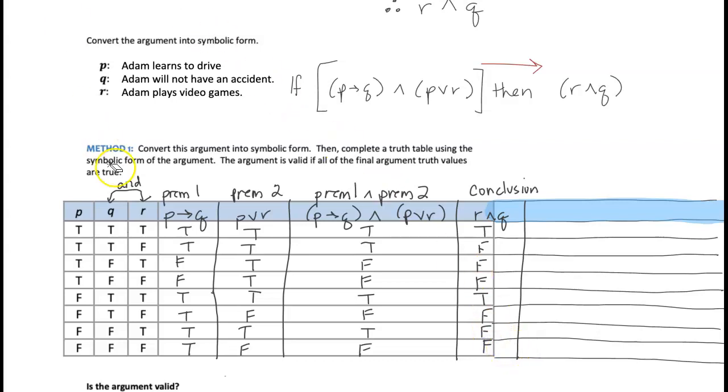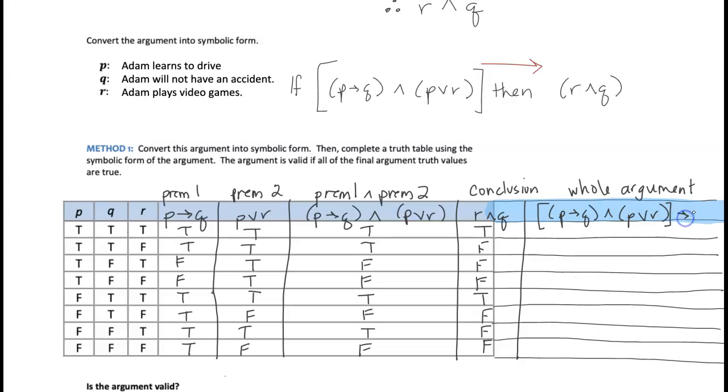And then we can move on to the whole argument. Our whole argument is basically everything that's written here. We have our antecedent, premise 1 and premise 2 together.